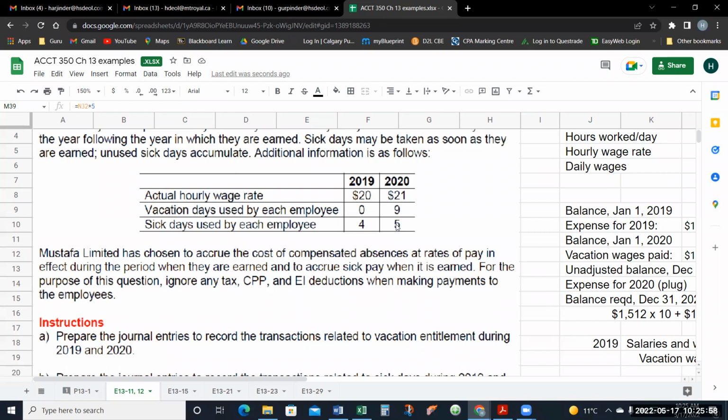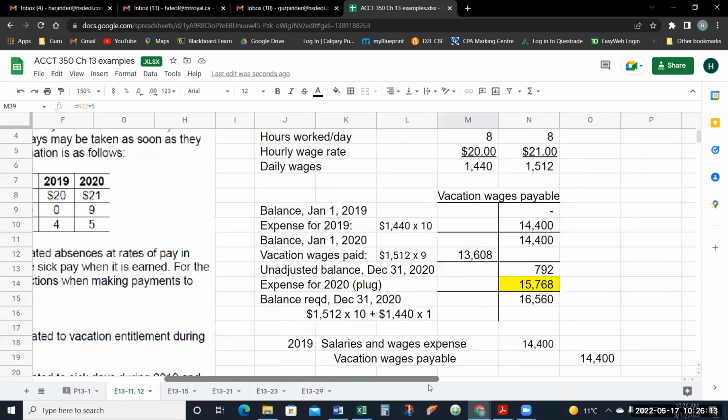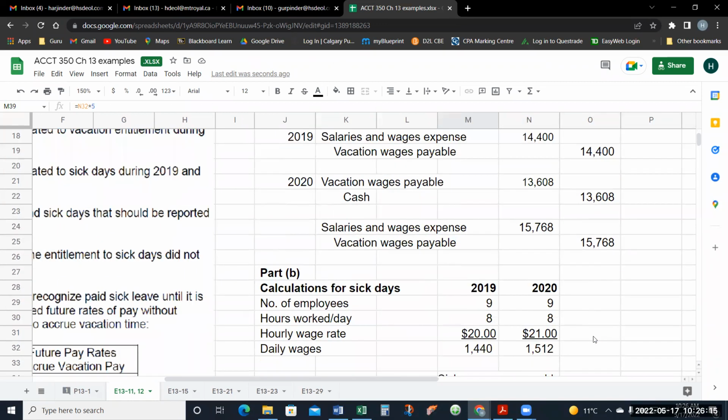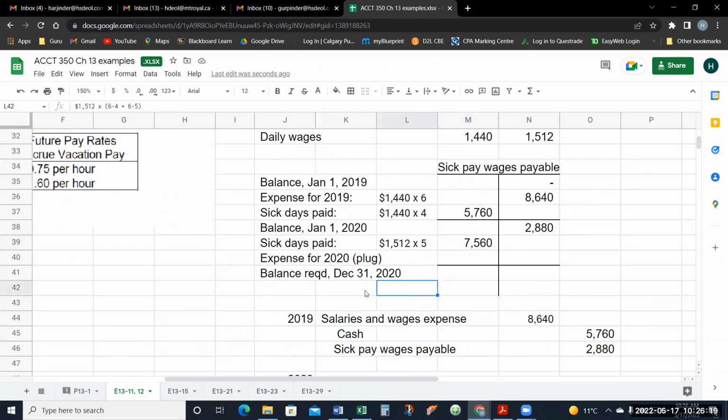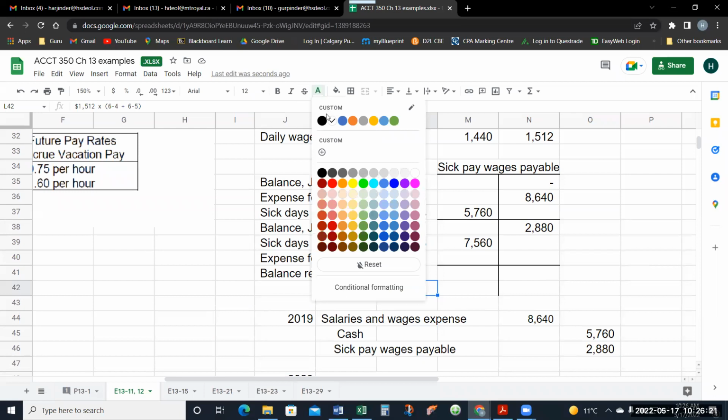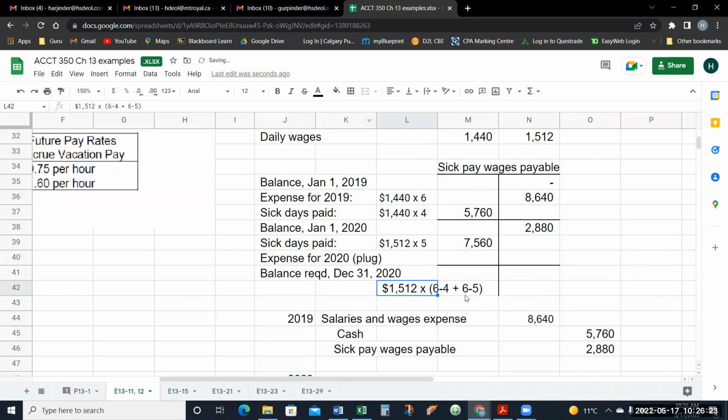And that means we need our ending balance for the sick pay wages payable to be calculated for 3 days at the pay rate in effect for 2020. And that's 1,512. So that's what we need. We need 1,512 times 3.